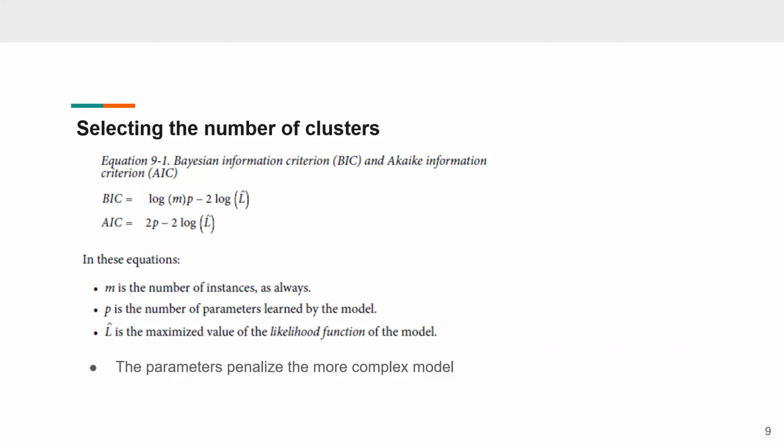M is the number of instances, as we discussed earlier, so essentially the number of observations. P is the number of parameters learned by the model. And L is the maximum value of the likelihood function of the model. And then just be aware that both of these metrics penalize the more complex model.